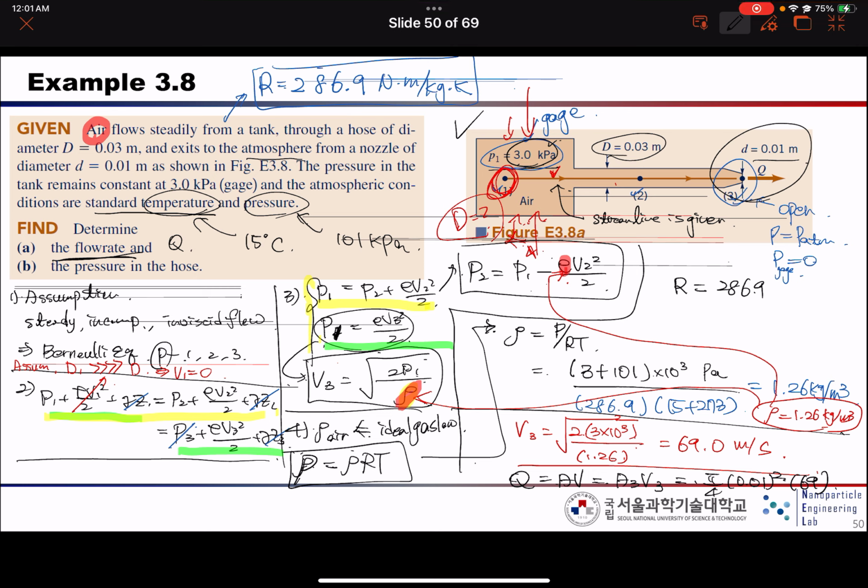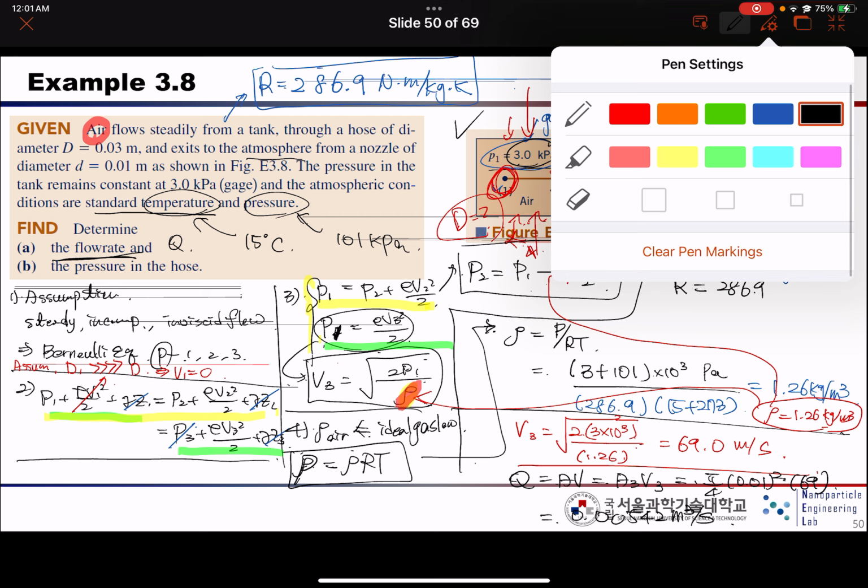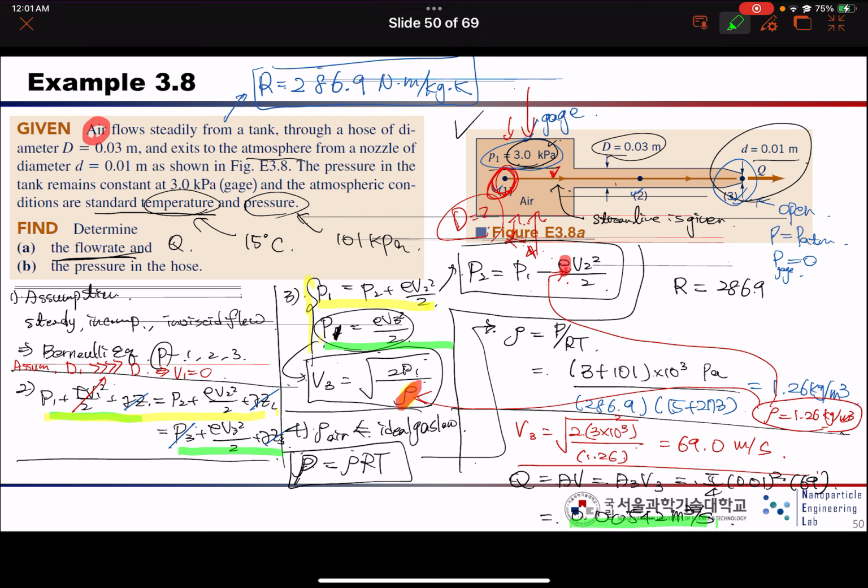If you calculate this one, Q should be 0.00542 cubic meter per second. Okay, this will be the answer for part A. This is for the first question.